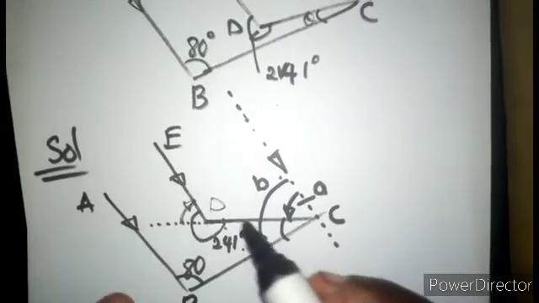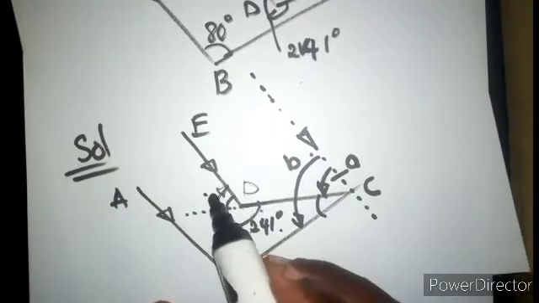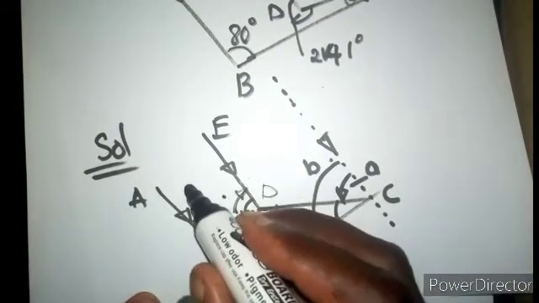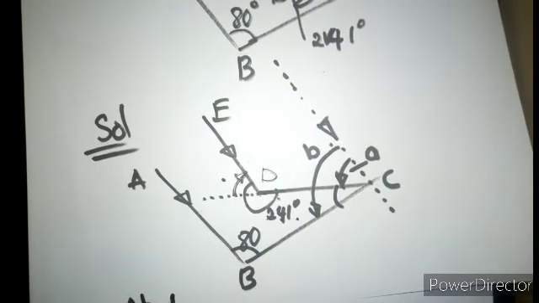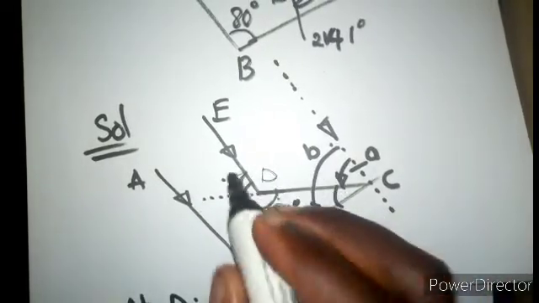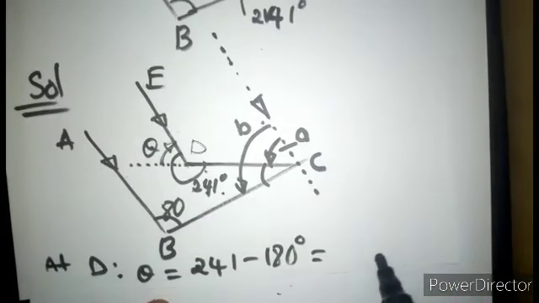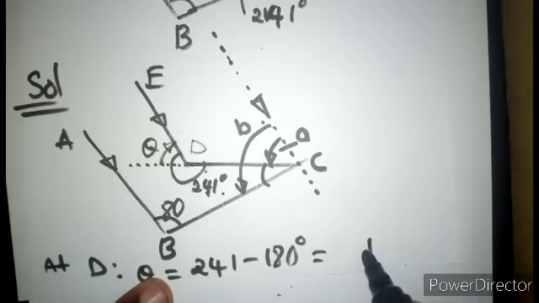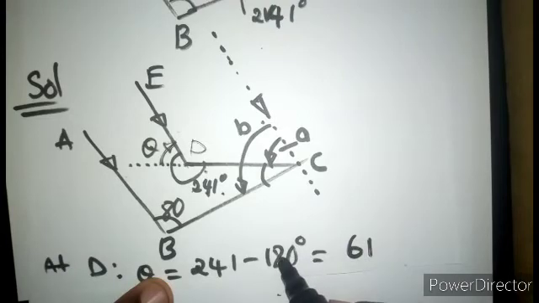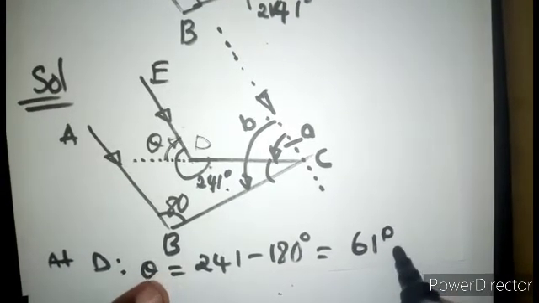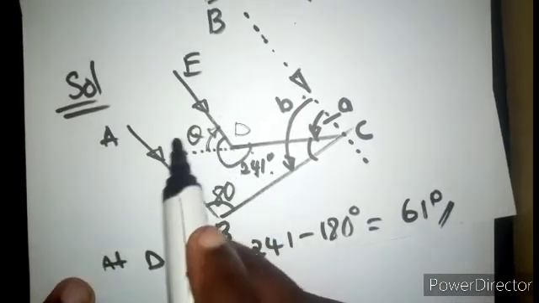See that this angle here is 241. At D, theta is 241 minus 180 degrees, which is 61 degrees.